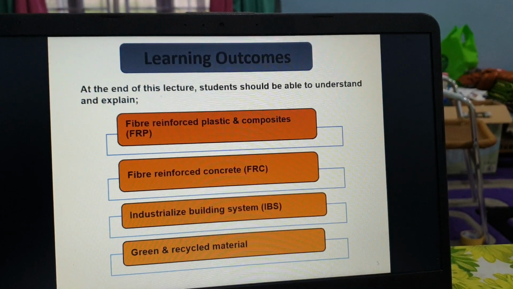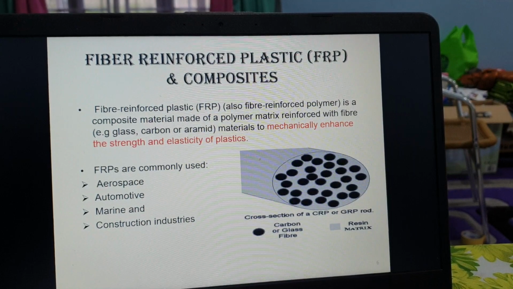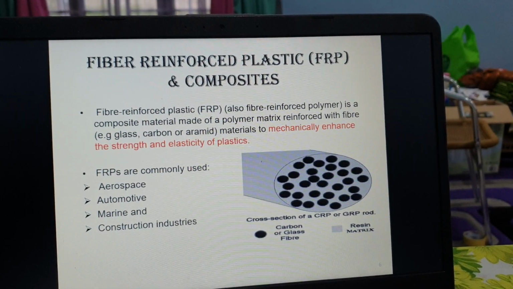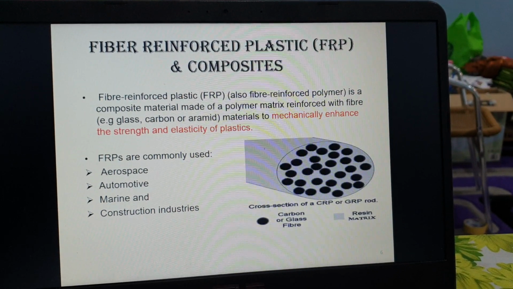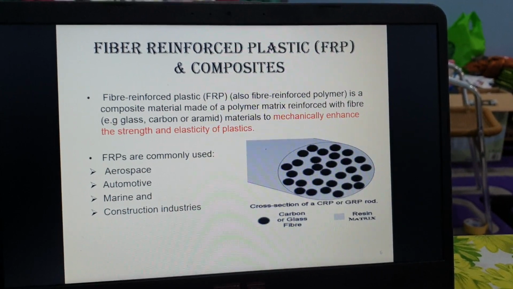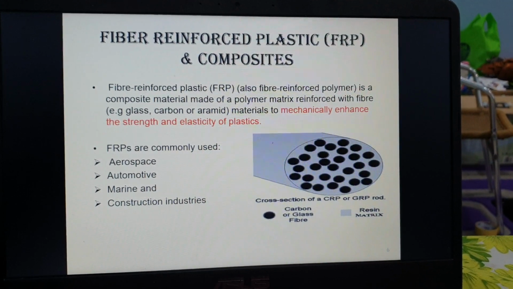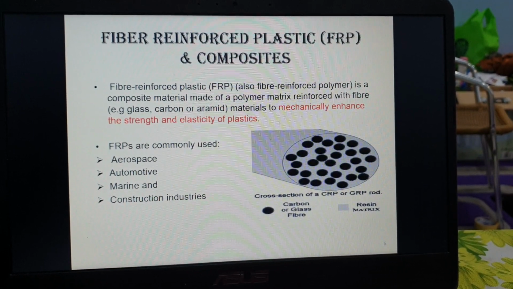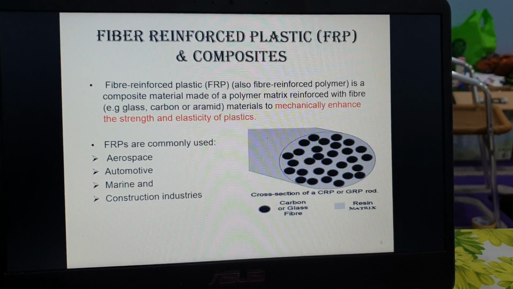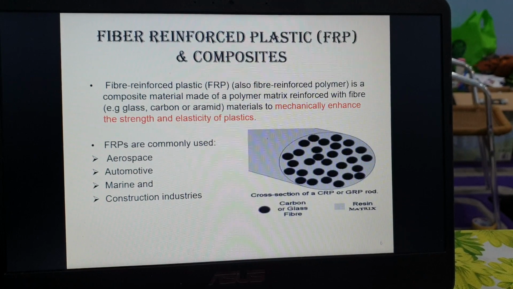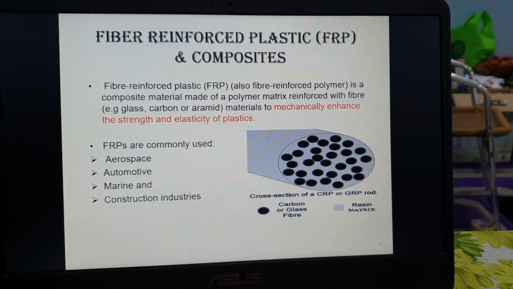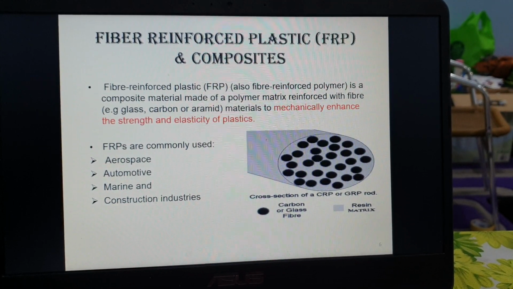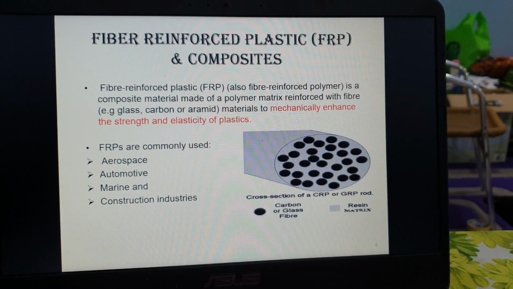Okay, we move on to fiber reinforced plastic, also known as FRP, and composites. FRP is a composite material made of a polymer matrix reinforced with fiber, for example glass, carbon or aramid materials, to mechanically enhance the strength and elasticity of plastic.